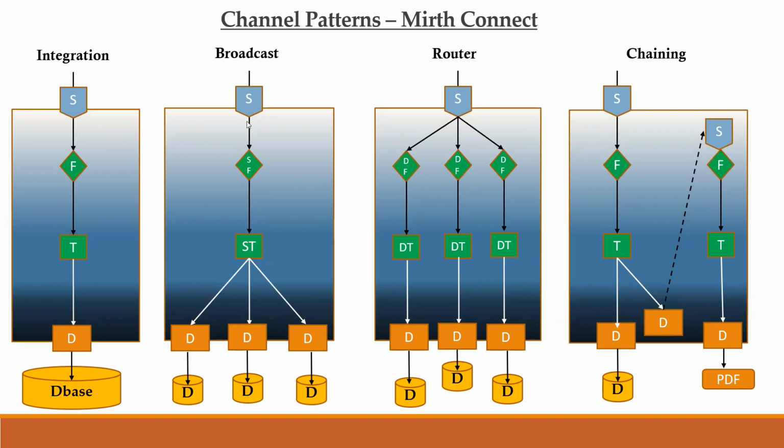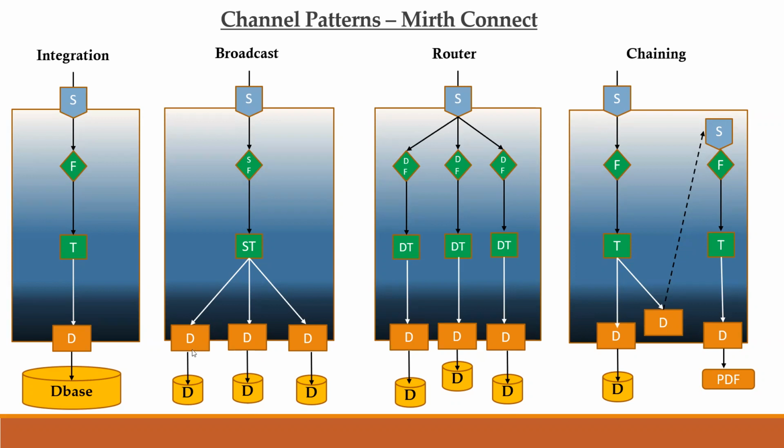Any message that you receive will automatically be sent to three destination components if there are three destination components within the channel. Now, after the message is in the destination component, the message will be sent to either a database or TCP/IP connection or HTTP connection or any file reader, file writer, or basically a folder. So any one of the connection models are possible here, right?